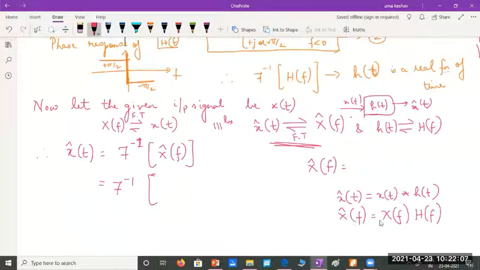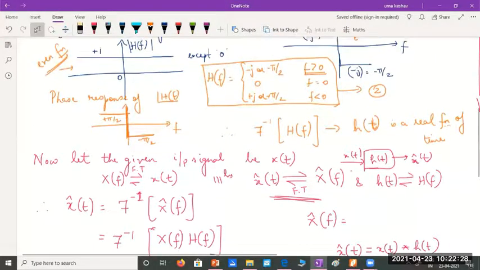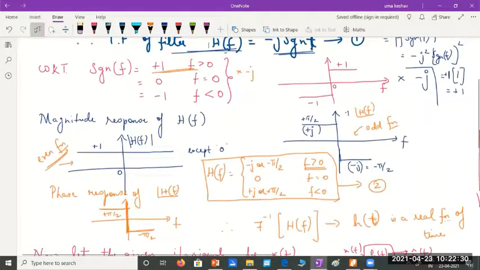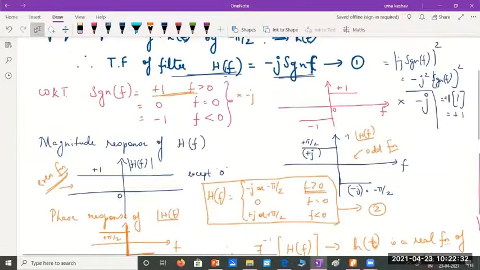So X cap of f is defined as X of f into H of f. Please remember this. This is how you define. And what did we define H of f as? What was H of f? We started by assuming something for H of f, if you remember. What is H of f assumed as?